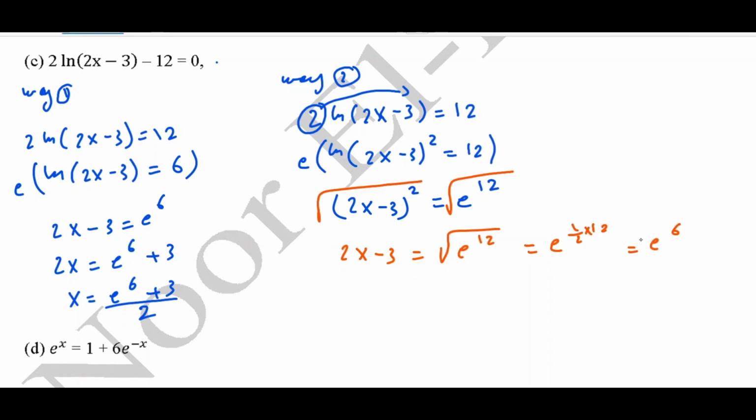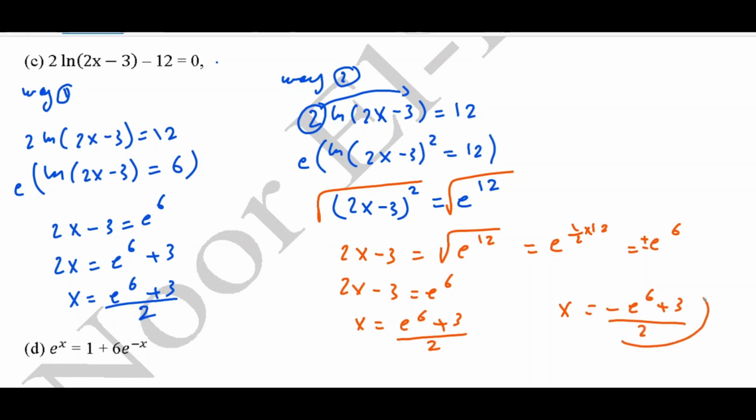Okay? It will be positive and negative. 2x minus 3 equals e to the power 6. X equals (e to the power 6 plus 3) over 2. The second answer, x equals (negative e to the power 6 plus 3) over 2.